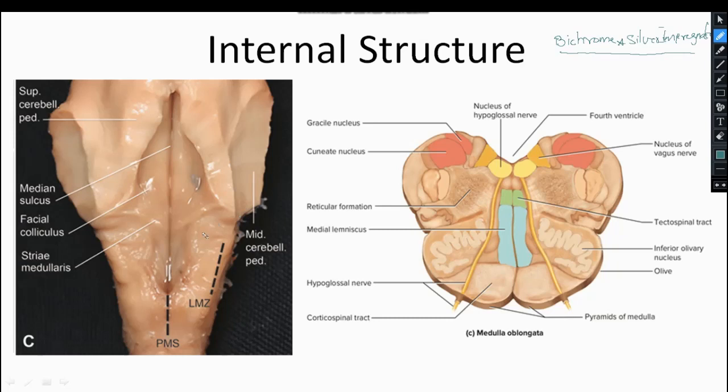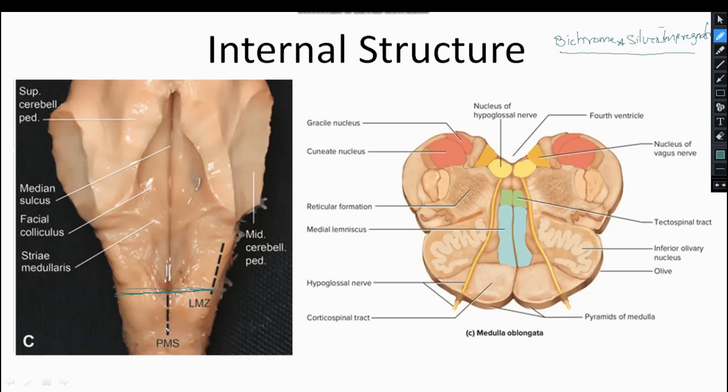So we will see the internal structure of medulla oblongata at the following levels. First let's see here, this is the point, and below this line which I am drawing here is the closed part, and above this is the open part.